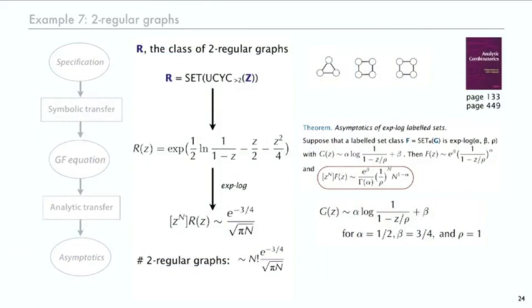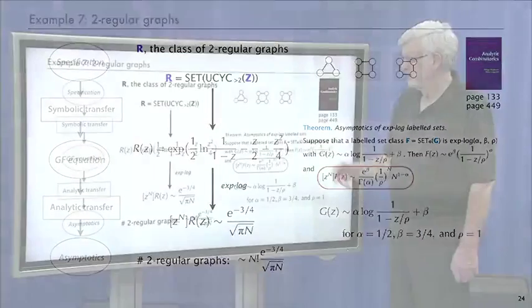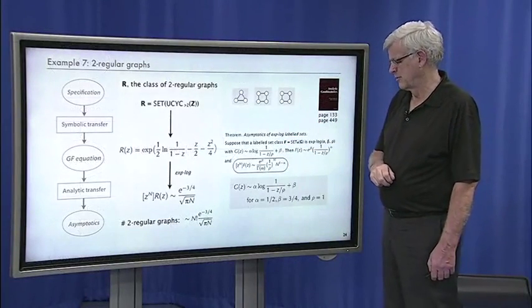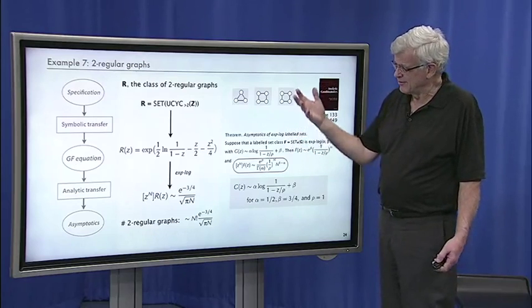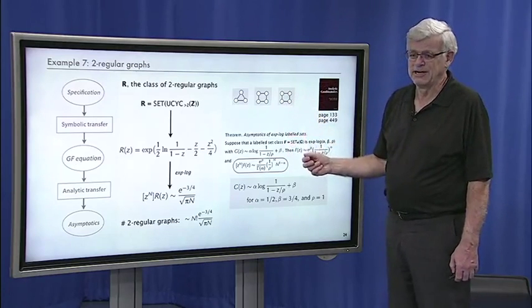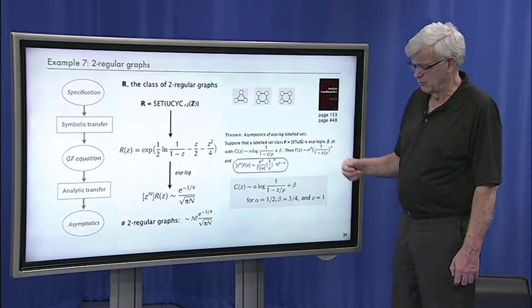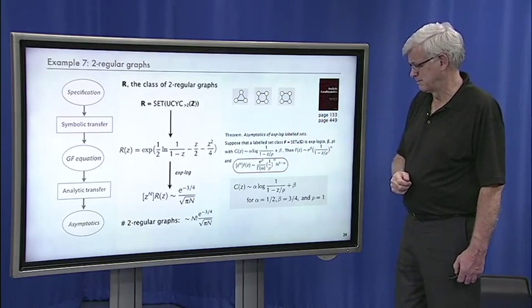A very general theorem when we're using the set construction, the x-log theorem, to get coefficient asymptotics. And this type of asymptotics would be quite difficult to get using normal techniques. Now again, underlying this theorem is singularity analysis, so there's quite a bit of mechanics under there, but when it comes to applying, it's no problem.